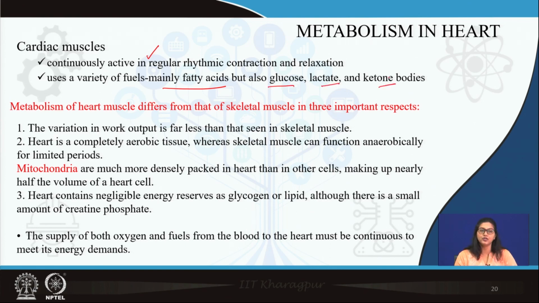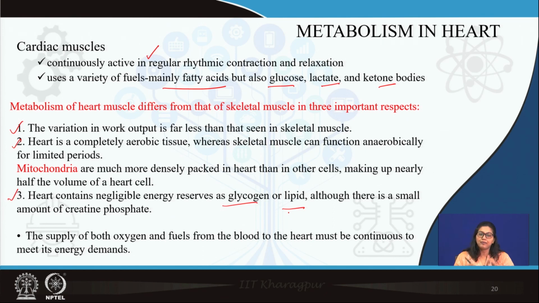Now the differences between cardiac muscle and skeletal muscle, as I have told, the pattern of work is different. Then because heart is aerobic tissue, continuous supply of oxygen should be there, continuous blood circulation should be there, and also the stored form of energy or the storage molecules in heart are very low, like glycogen, lipid storage are present in very small quantity.